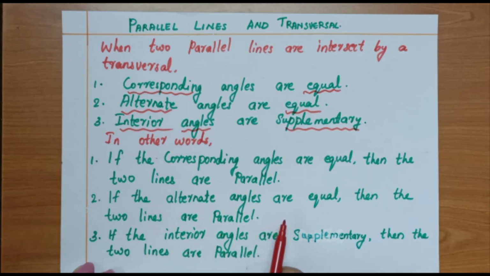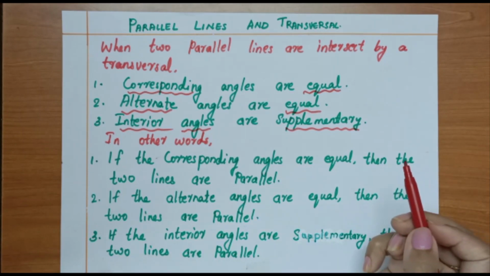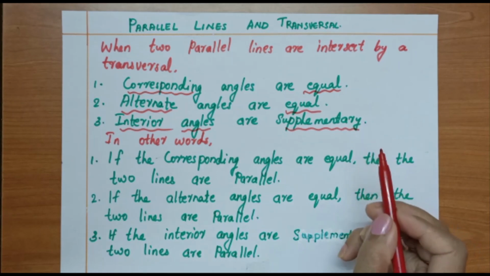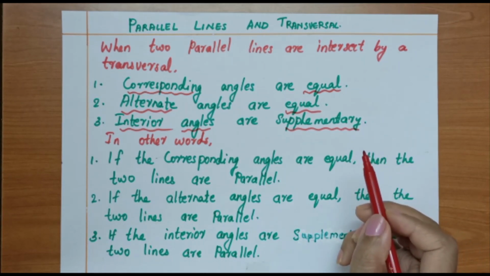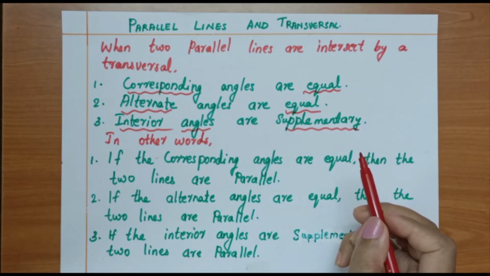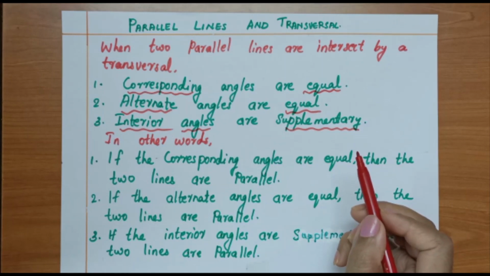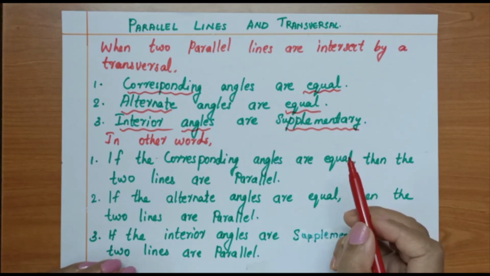If the alternate angles are equal, then the two lines are parallel. And the third one, if the interior angles are supplementary, then the two lines are parallel. Thanks for watching. See you again with another episode.